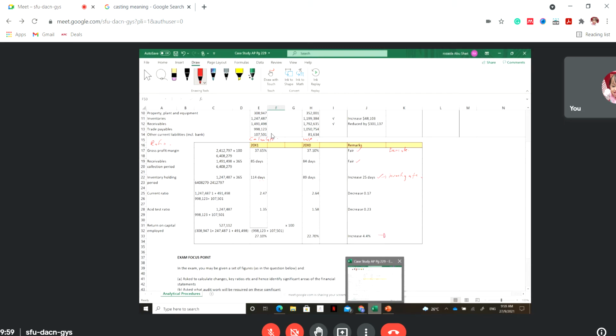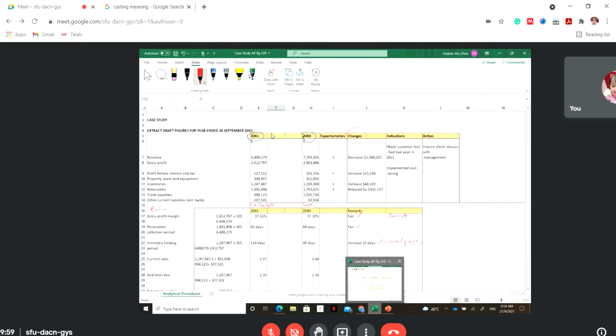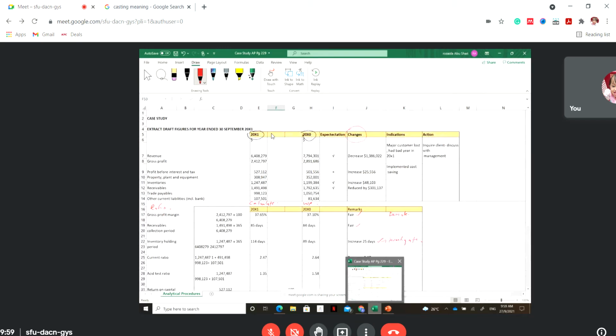So what you should do next is look at the changed items, because you are going to look at the relationship. Gross profit margin is fair, meaning there is no drastic deviation. So you expect that there is no drastic change in revenue. But what is going to happen here?